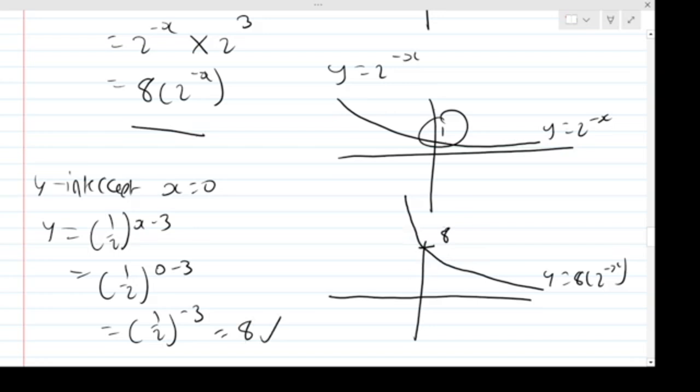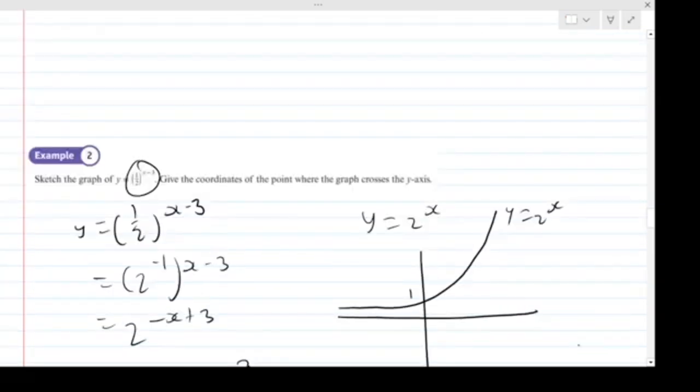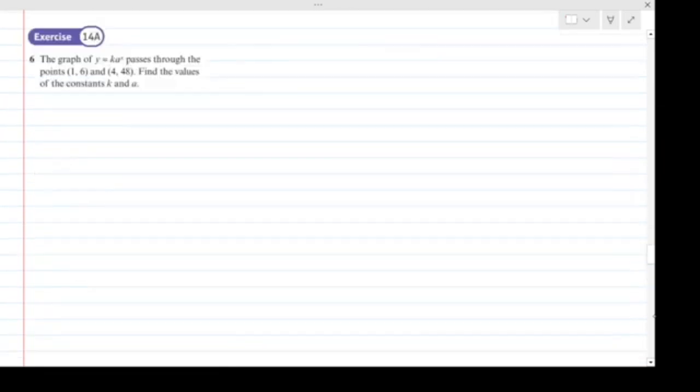In that regard. So yes, so that's a graph. Again, you need to be comfortable with the idea of spotting and applying graph transformations. Again, we looked at that in chapter 4. But yeah, we can now sketch exponential graphs in this way. Right, so we've got some exercise questions then.